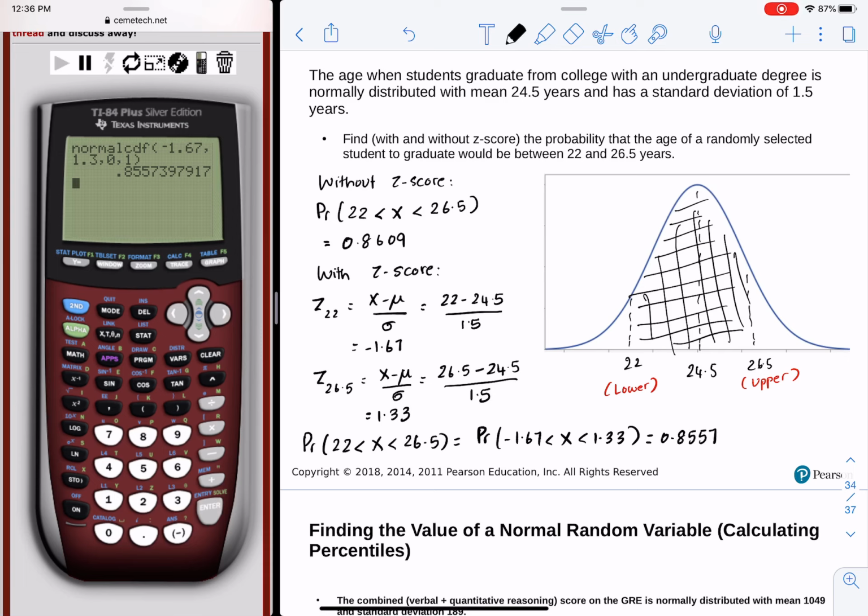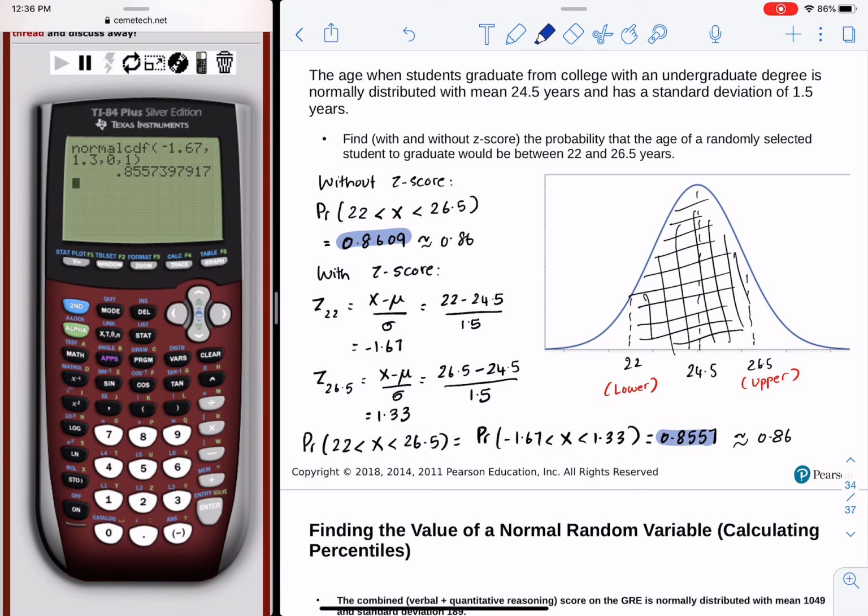And you can see that this answer is quite off, even though when you round it to 2 decimal places, we are going to get 0.86 here and 0.86 there. 0.8557 is off compared to 0.8609.